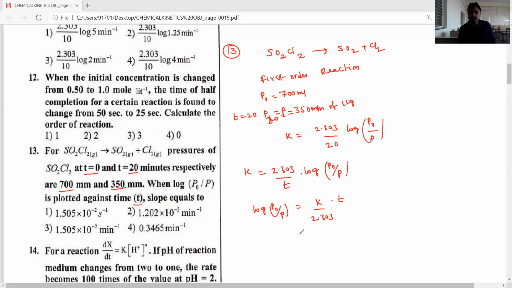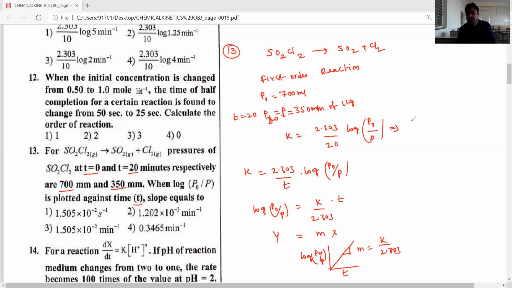Now this equation is like y is equal to mx. Then we have to make one graph between log P naught by P with respect to time. The graph goes through the origin. Its slope m is equal to k by 2.303.